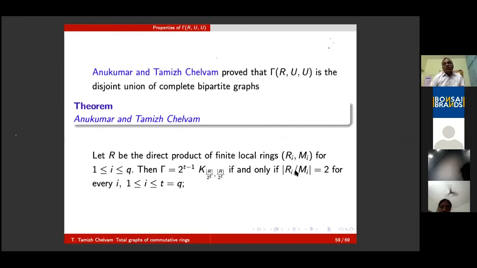So the number of elements in this field is 2, meaning it is Z2. How many of them are Z2, that is t, in terms of t we have proved that. Of course, the proof is a little bit involved. It's not as easy as in the case of the others.